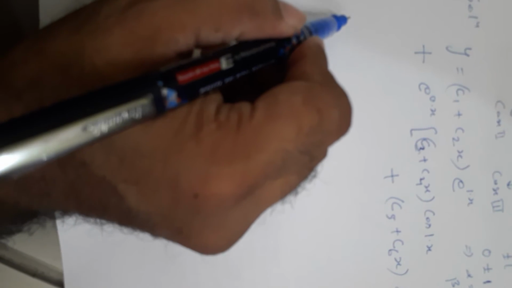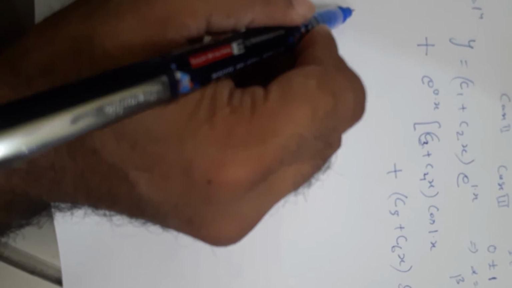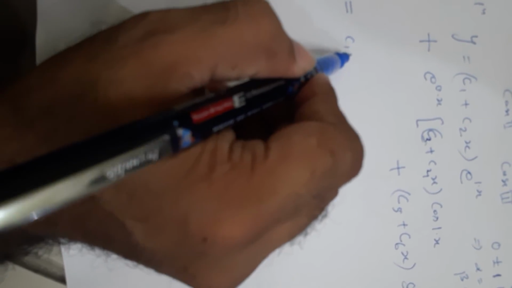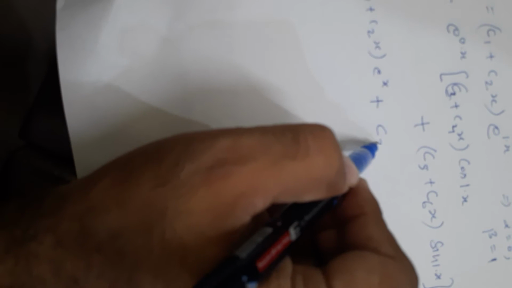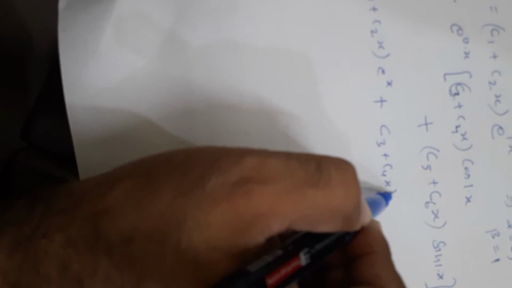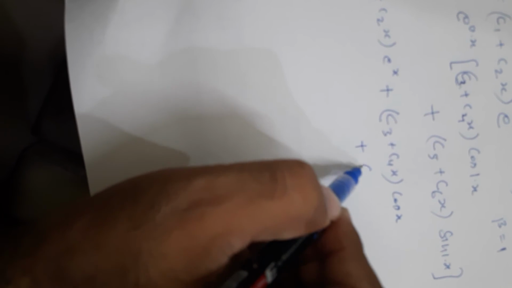On simplifying, we have (c1 + c2 x) e^x + (c3 + c4 x) cos x + (c5 + c6 x) sin x.